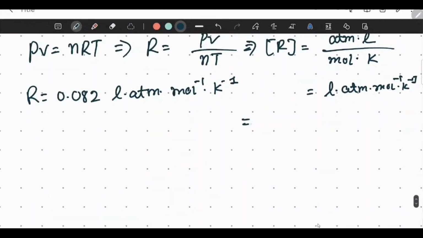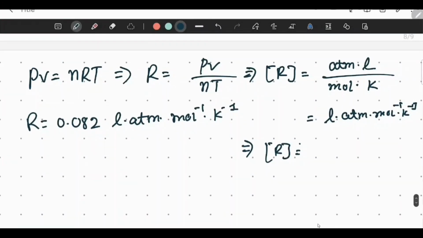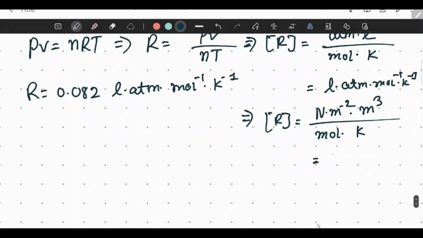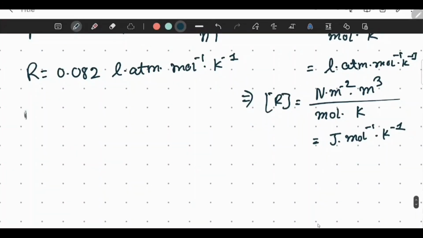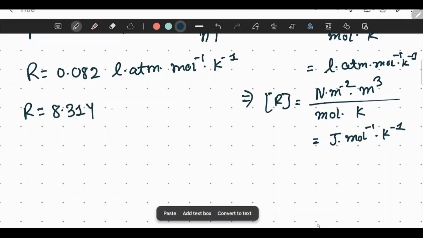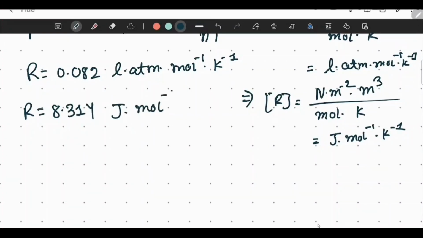Again, we can write down the unit of R. PV. What is P? Newton per meter square. What is V? Meter cube. So it is Newton meter, means joule per mole per Kelvin. Correct. So again, R equals 8.314 joule mole inverse Kelvin inverse.